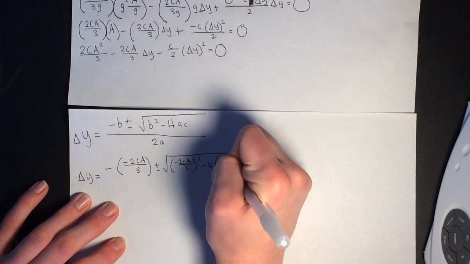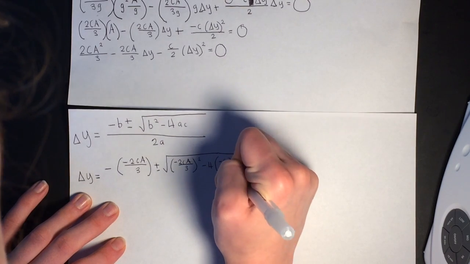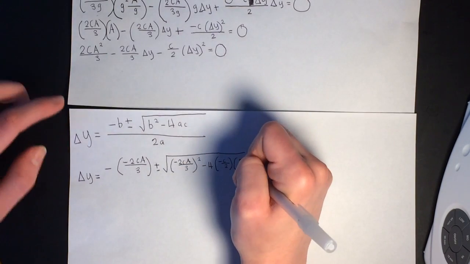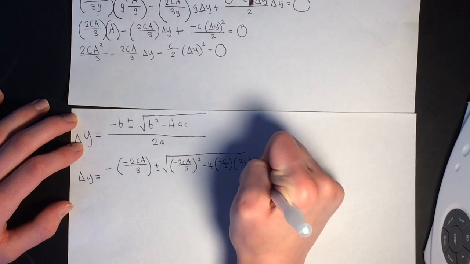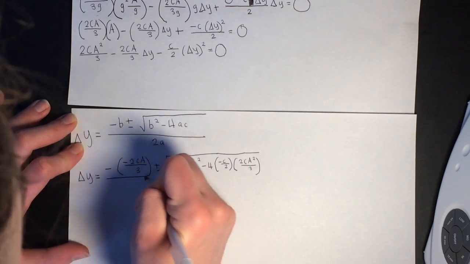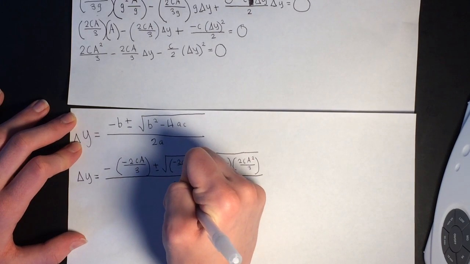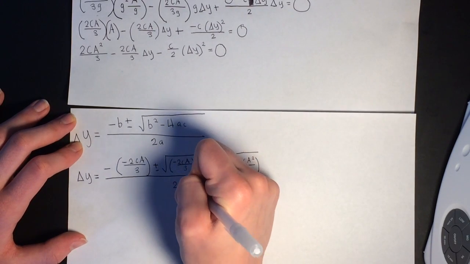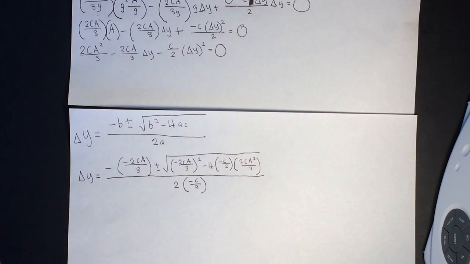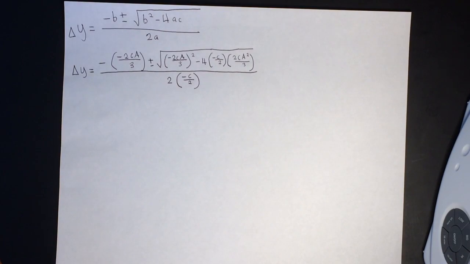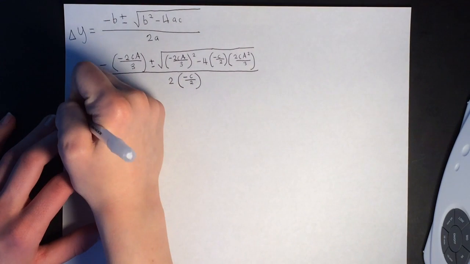A is negative c over 2. C is 2ca squared over 3. And then all this is divided by 2 times a, which is negative c over 2. So we're going to need to simplify this.